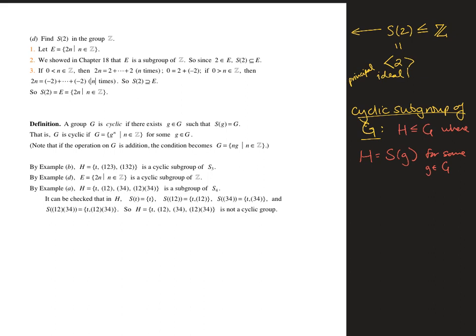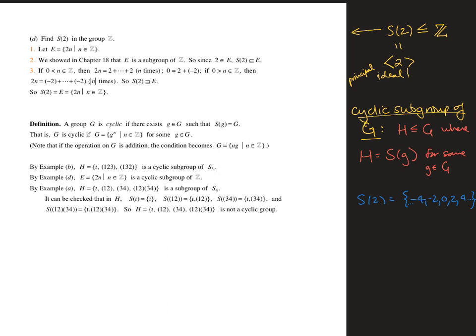Now, if I wrote down S of 2 up above, I might have written it as -4, -2, 0, 2, 4, dot, dot, dot, some dots on this side. If I hadn't written down S of 2, you might not see right away that it's cyclic.